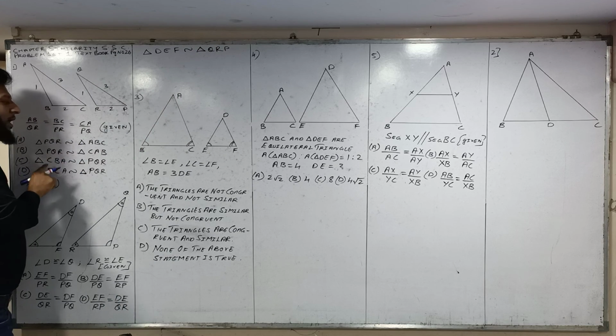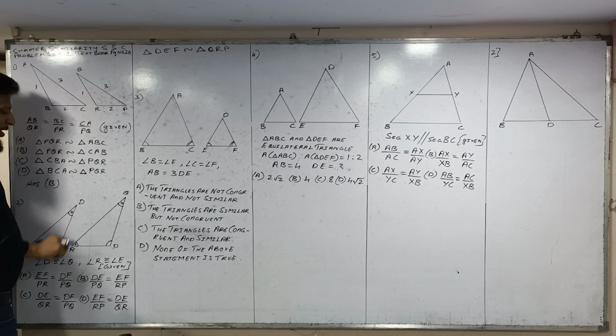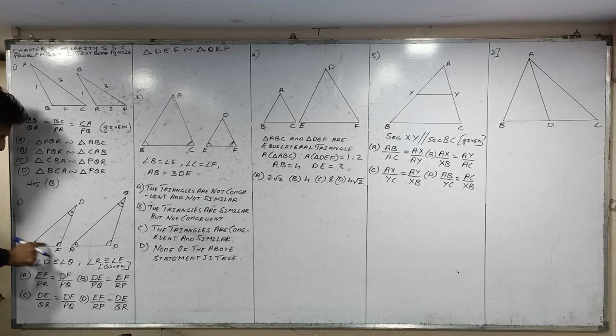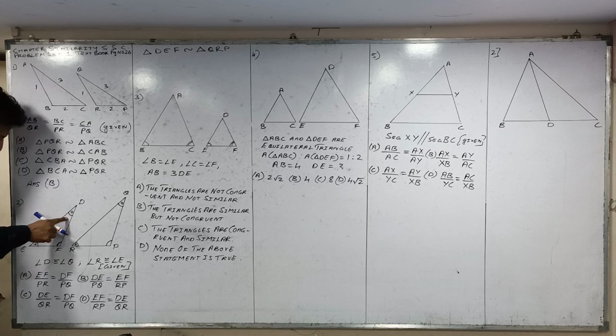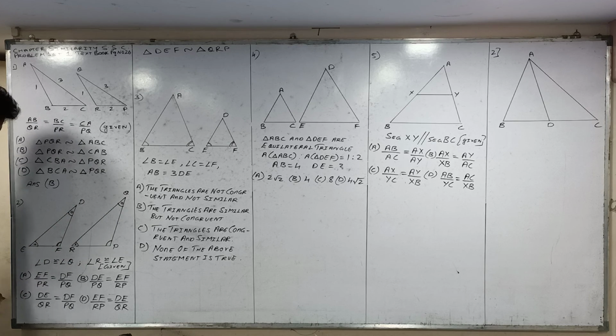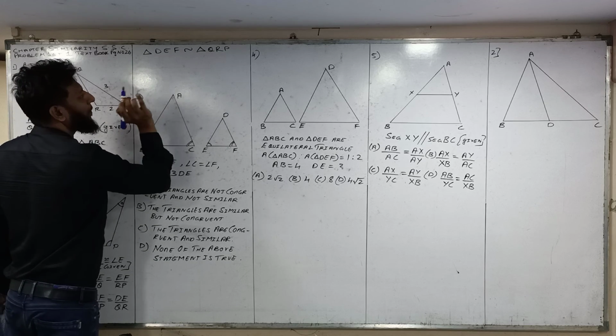In the previous question we found the answer with the help of sides, and here we are using the angles. So with proper correspondence, write the name of the triangle DEF and QRP. You have to find out which is the false statement. So DEF is similar to QRP.